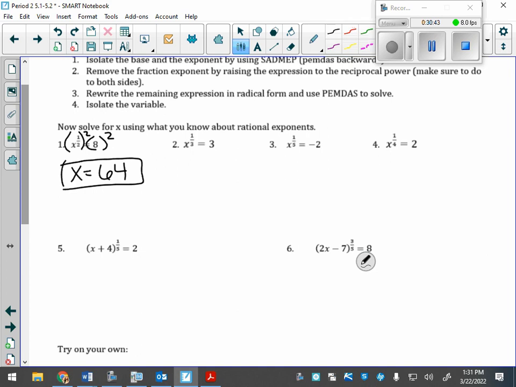Liam. Raise both to the reciprocal, which would be, in this case, 3. Good. So it's 3 cubed. What does x equal? 27. What do we do in number 3? Caitlin.